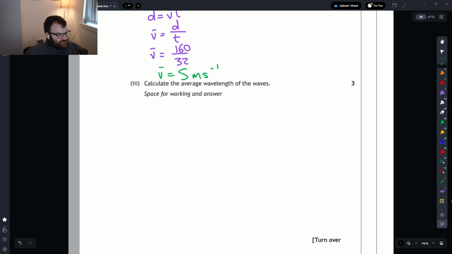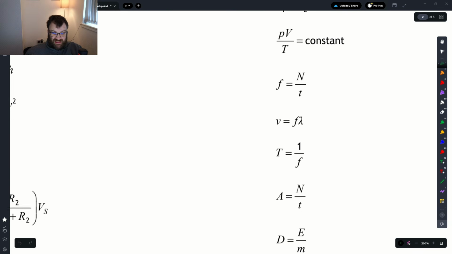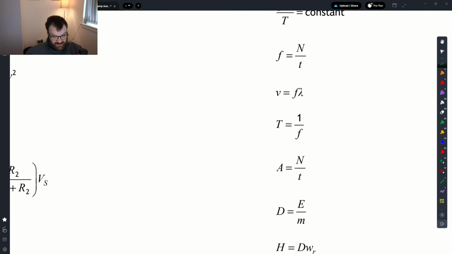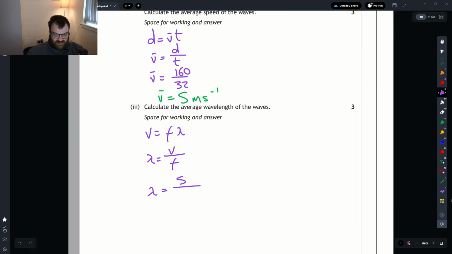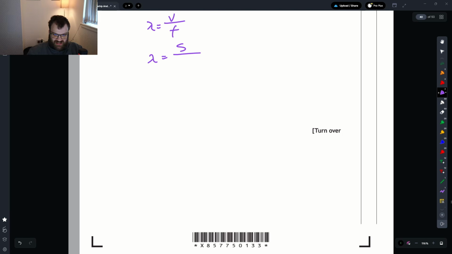Next, we want the average wavelength. Now we know the frequency and we know the speed. So that looks like V equals F lambda. So if V equals F lambda, then lambda, rearrange it, equals V over F, which will be the 5 over, what's the number we worked out? 0.28.